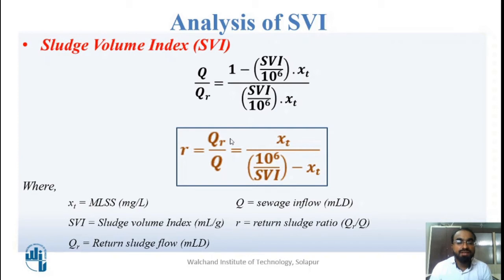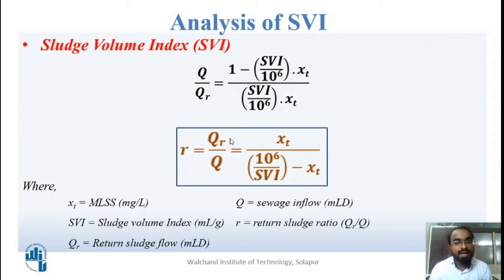It is a new parameter. Return sludge ratio is defined as the volume of sludge which is added into the influent per unit time divided by the volume of water which is coming into the bioreactor per unit time, or QR divided by Q.